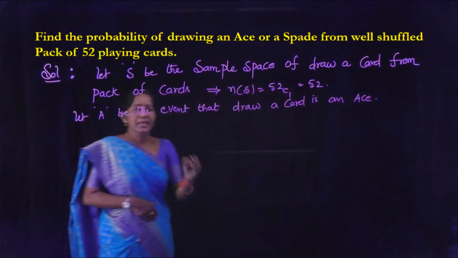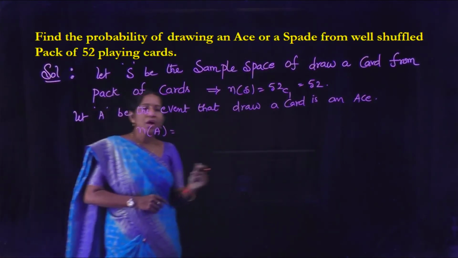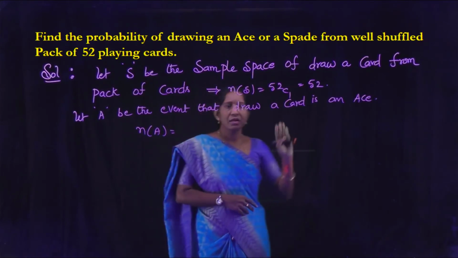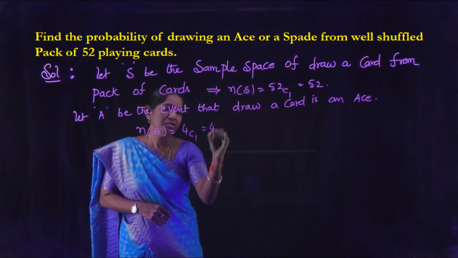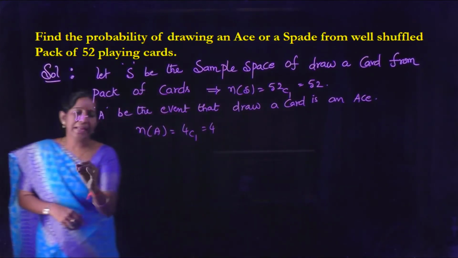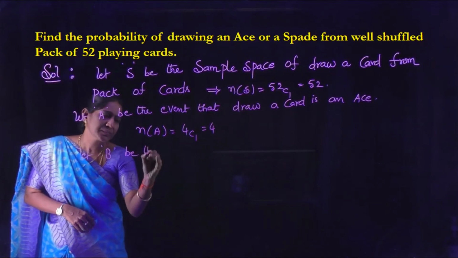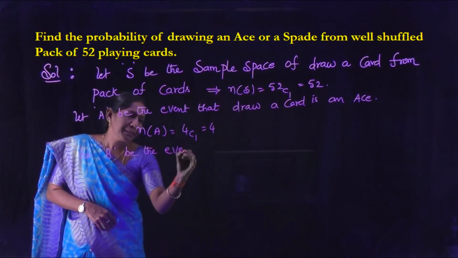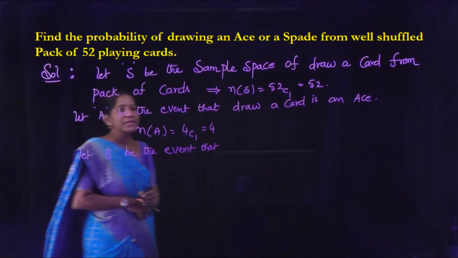That is N of A equal to, out of 52 cards there are 4 aces, that is 4C1, that value 4.